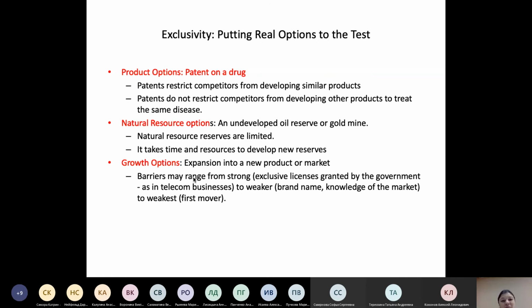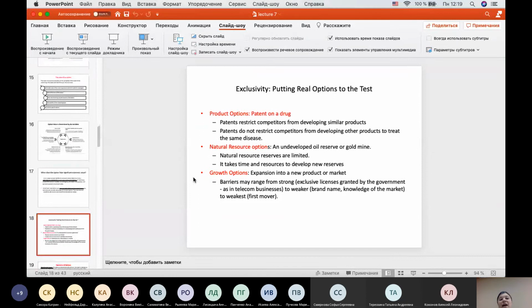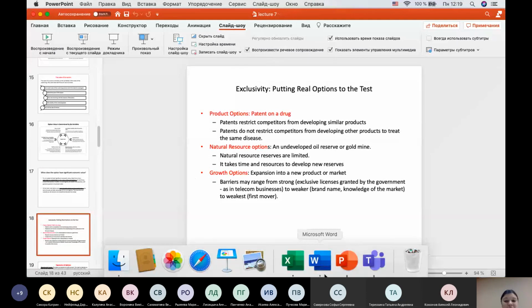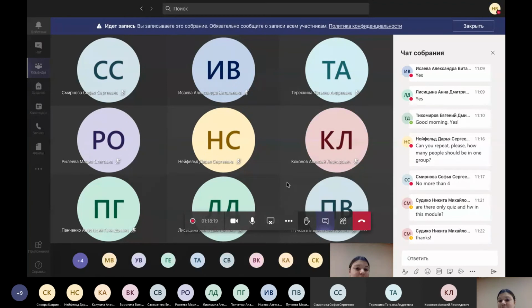Patents restrict competitors from developing similar products, but patents don't restrict competitors from developing other products to treat the same disease. How do you think? In which cases can we expect the higher level of our real option?